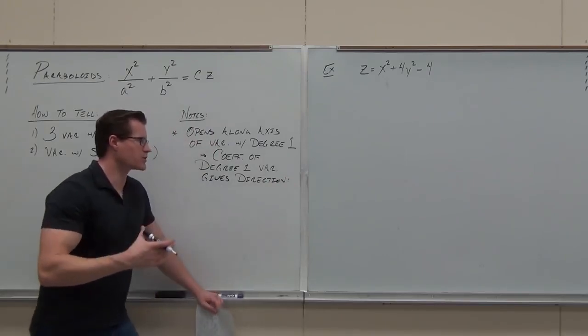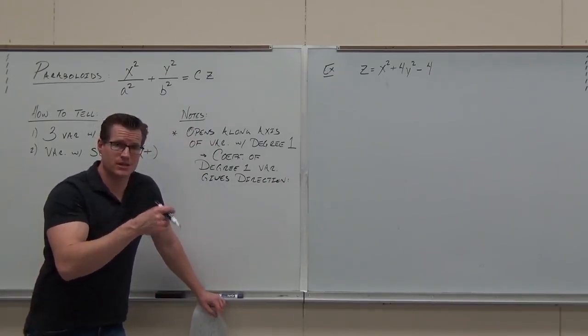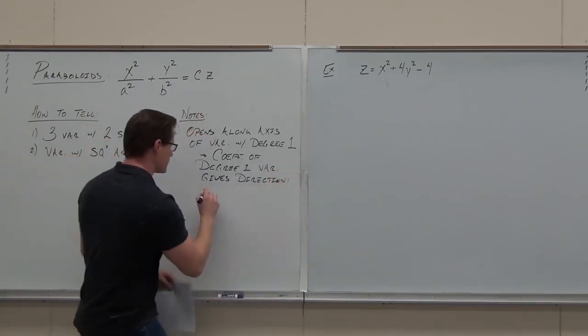Just say it this way: the coefficient of the degree 1 variable gives you direction. A positive coefficient means it's going to open along the positive axis of whatever that variable is.